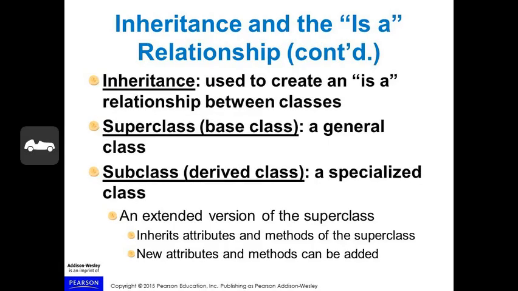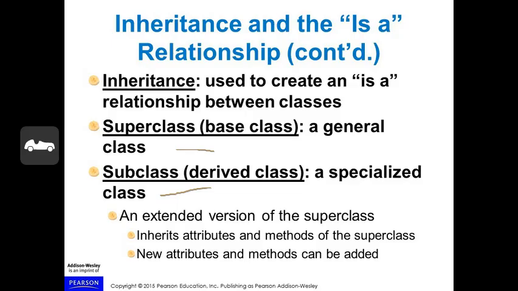So we use a concept called inheritance to create this is-a relationship between classes. And inheritance in object-oriented programming involves 2 classes, a superclass and a subclass. The superclass is the general class and the subclass is the specialized class.